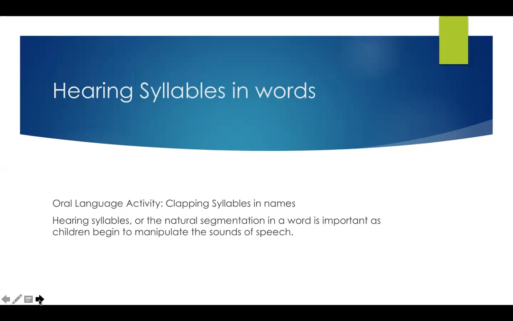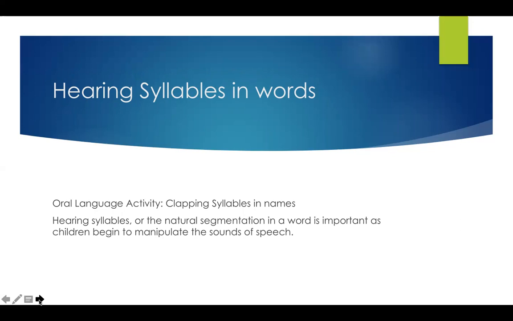The next step in phonological awareness is hearing the syllables in words. An oral language activity that you can do to support hearing syllables in words is clapping out syllables in a child's name. With my name, Beth, we would clap Beth, one syllable. If you were using my formal name, Elizabeth, we would clap Elizabeth, 4 syllables.